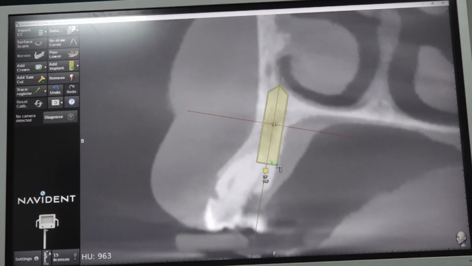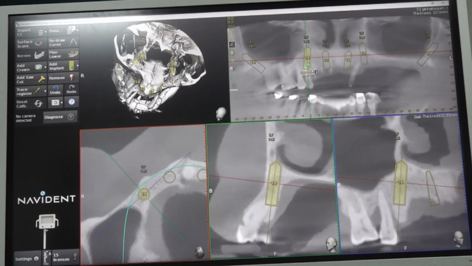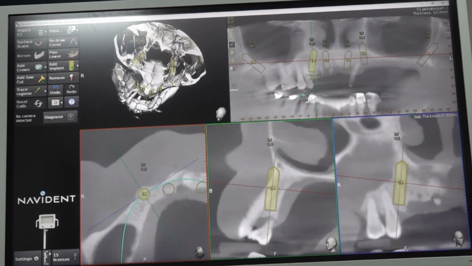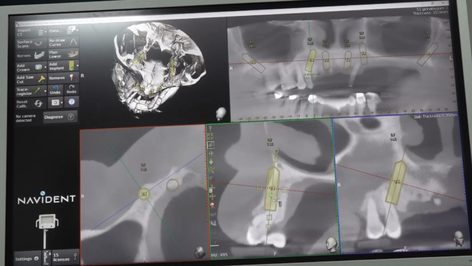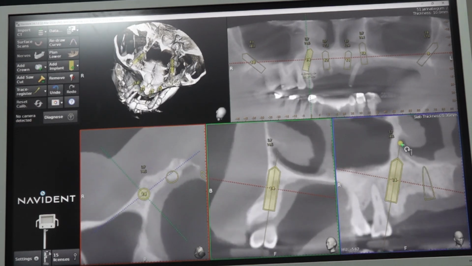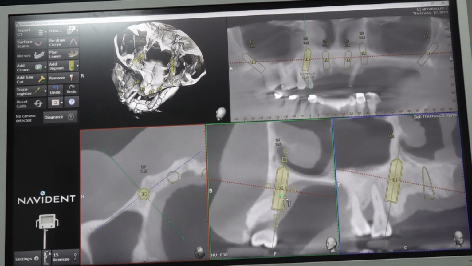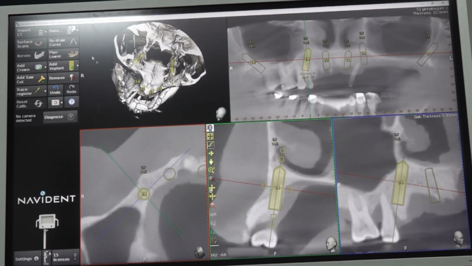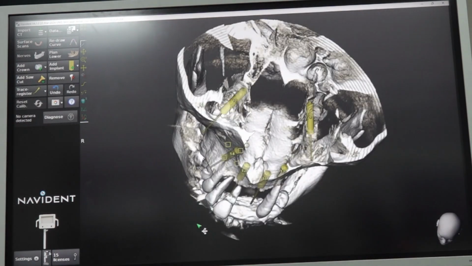So almost like a 13 mm or 16 mm implant we can place. We will try from canine. From premolar, place. From first premolar. This is very good. We'll see what they do.